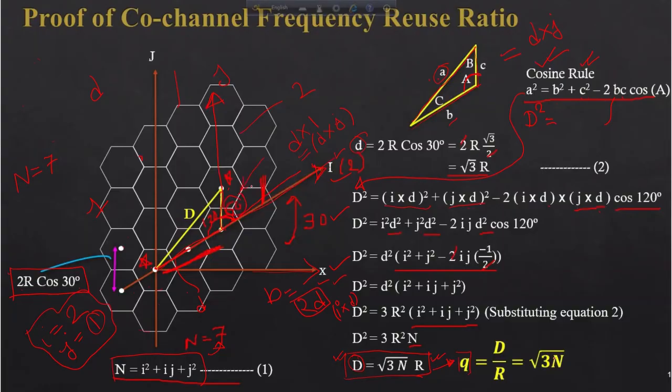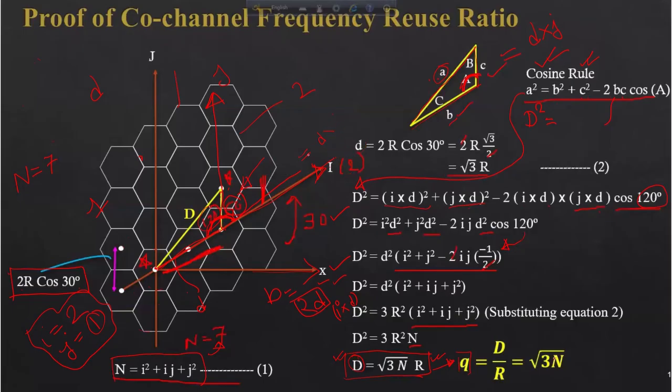If this angle is 60 degrees, then obviously this angle is 120 degrees, right? 180 degrees minus 60 degrees is equal to 120 degrees. So the angle between b and c should be equal to 120 degrees. So we are writing cos 120 degrees. The value of cos 120 degrees is equal to minus half. We are going to use this value later on.